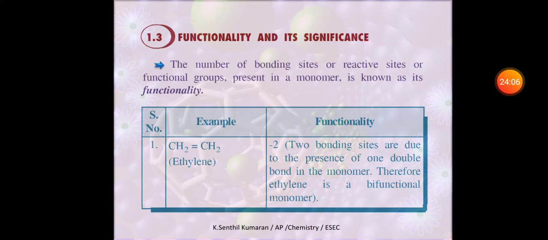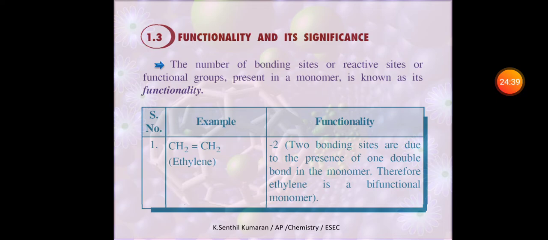A reactive site means one containing a double bond or a functional group like OH, Cl, CN, carboxylic group, halogens. So the number of bonding sites or functional groups available in the monomeric unit is called the functionality.